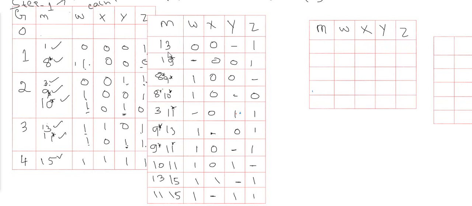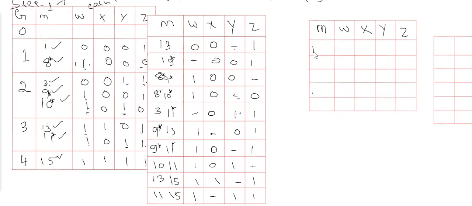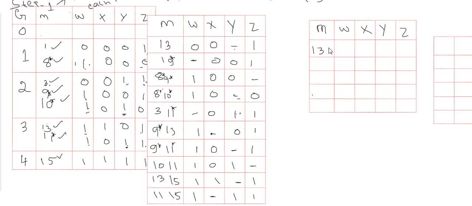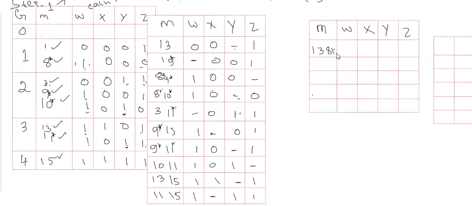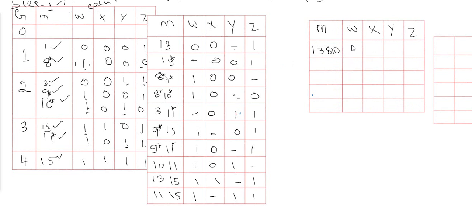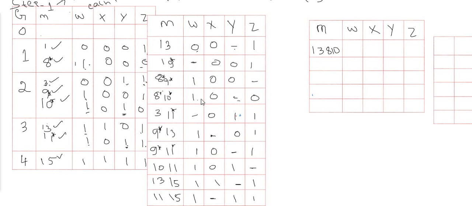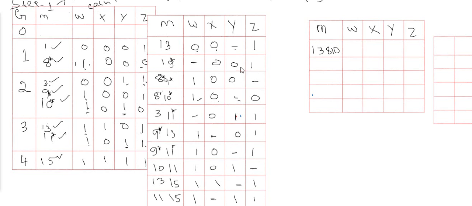First we can take the 1 and 3 combination, the dash in the y position, the same dash in the 8, 10 position. So this is possible, and we can go with 1, 3 and 8, 10. In this 1, 3, 8, 10, w is actually different, and x is the same, 0 0, and y is dash, the same, and z is different, 1 0.